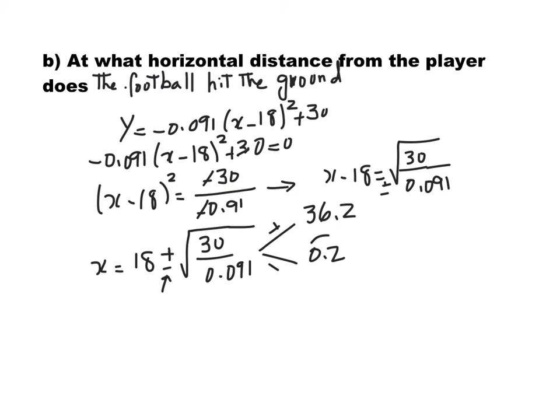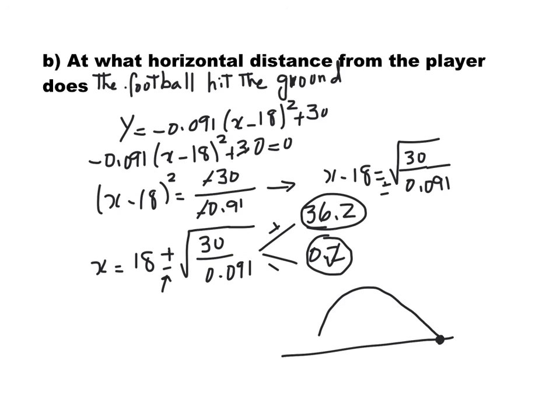This 0.2 is supposed to be 0 because this is the time that the player shoots the football. So this one is okay. This one is the distance that it takes the ball to hit the ground, which is here. So the answer is 36.2 meters.